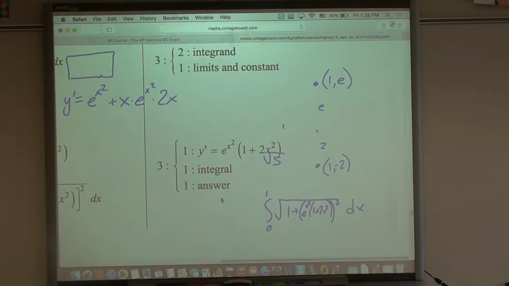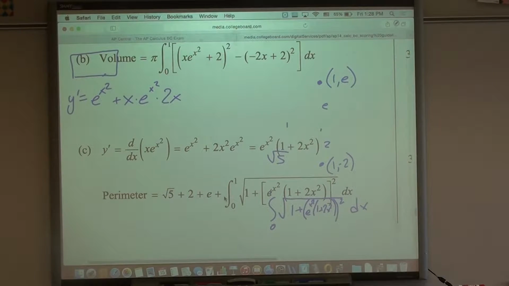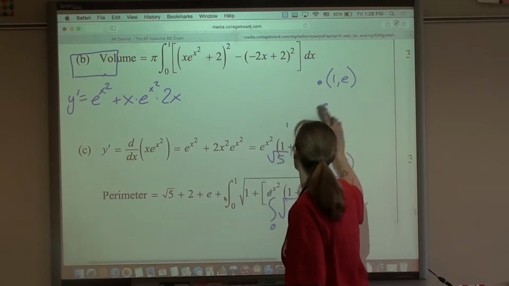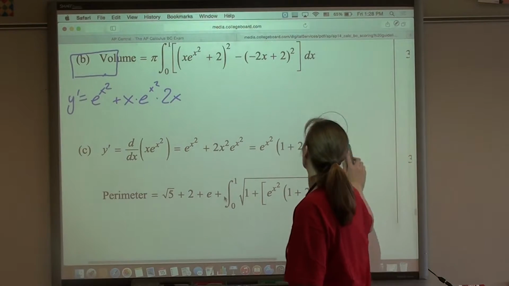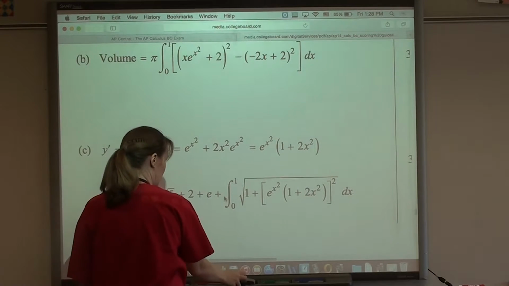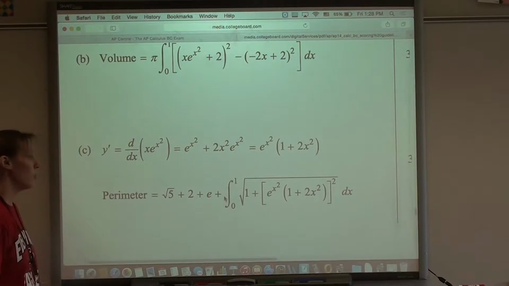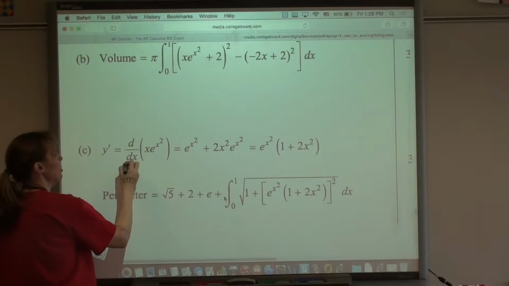So you got a point for finding the derivative, a point for your integral, and then a point for your answer, which means everything else, a point for circling the ball. So it's a point for your derivative, right?